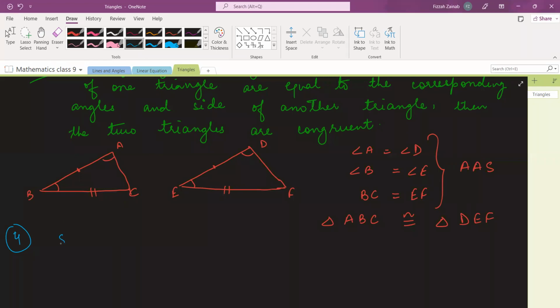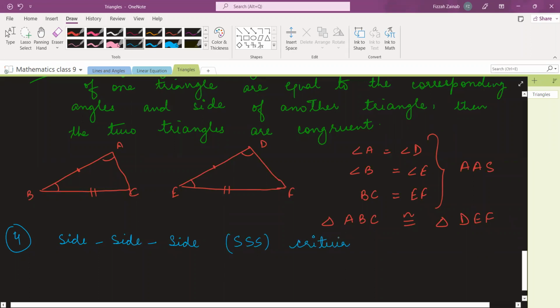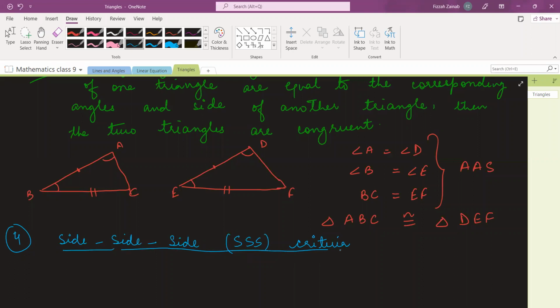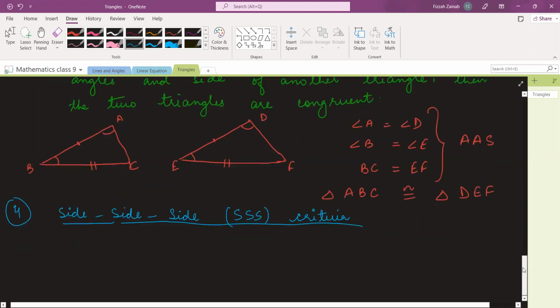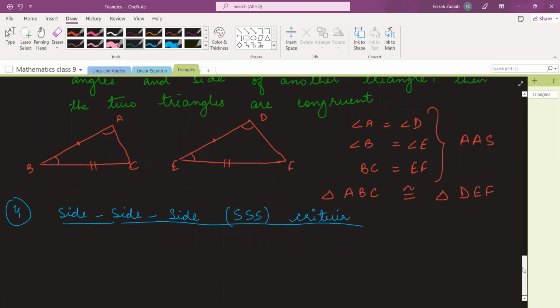So the next is side, side, side, or we call it SSS criteria. Understood? Yes, ma'am. Okay. So this is simple, right? By the name itself, you can say that if all three corresponding sides of the triangles are equal, then they are congruent.